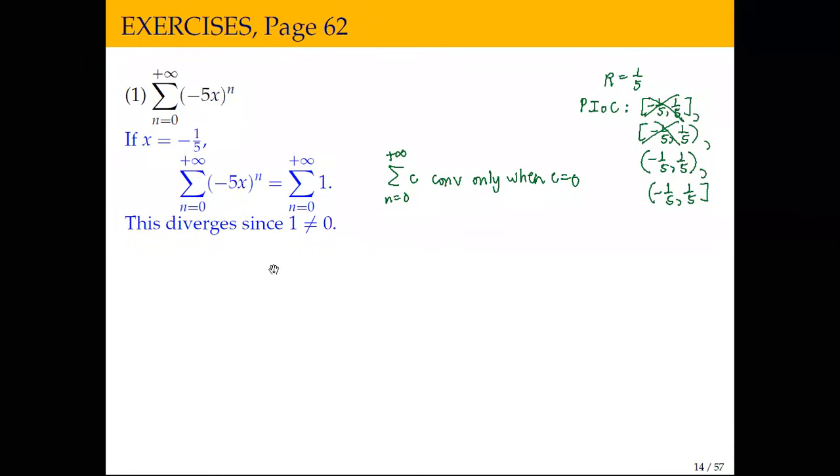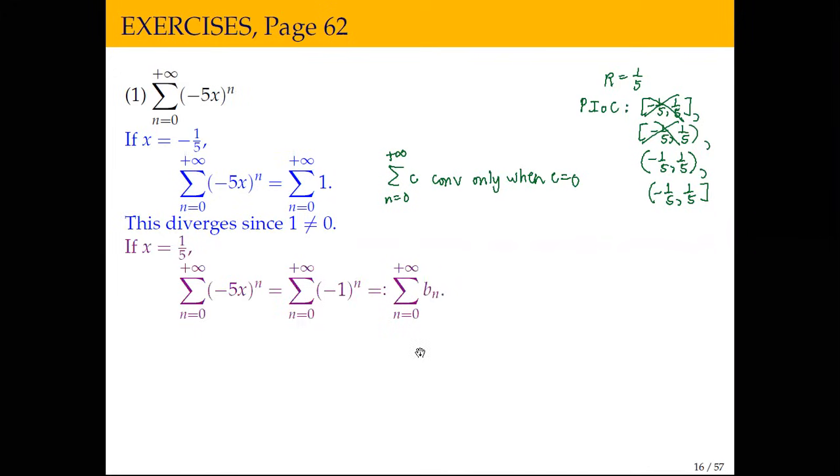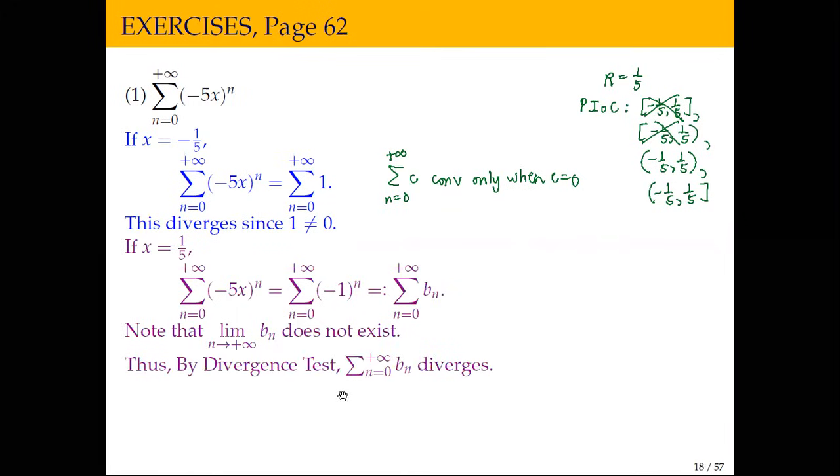Now, if x is equal to 1/5, this infinite series is just equal to this infinite series. Let's call each term here as b sub n. Now notice that the limit of b sub n as n goes to positive infinity does not exist. Therefore, by the divergence test, this infinite series diverges.